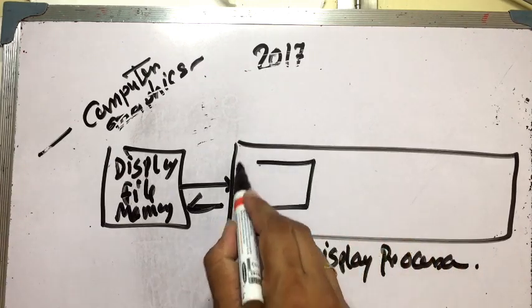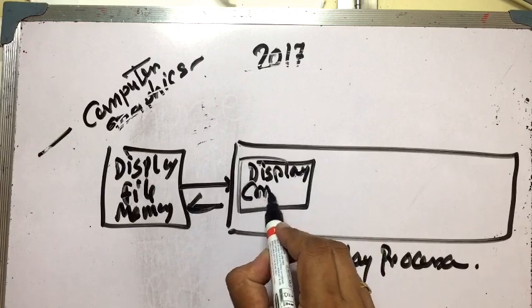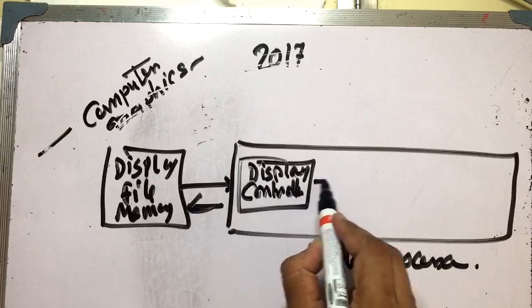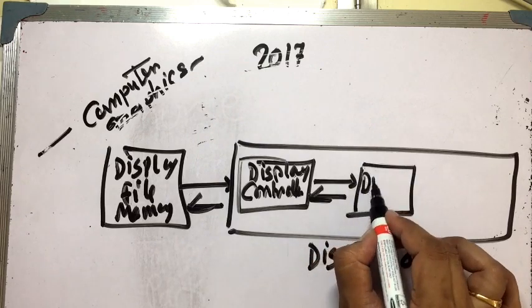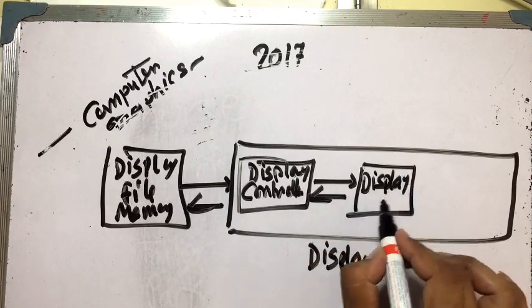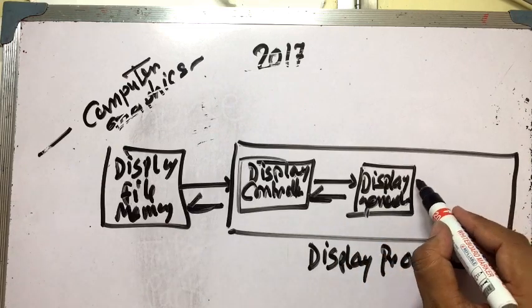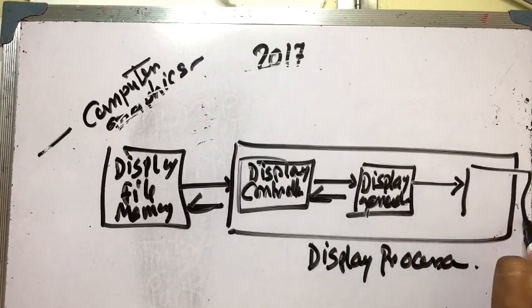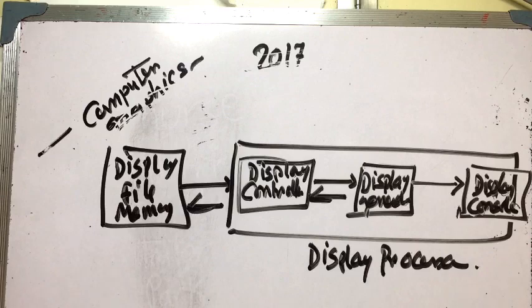It has display controller, which connects to the display generator. Then it connects to the display console. So these are the components of display processor.